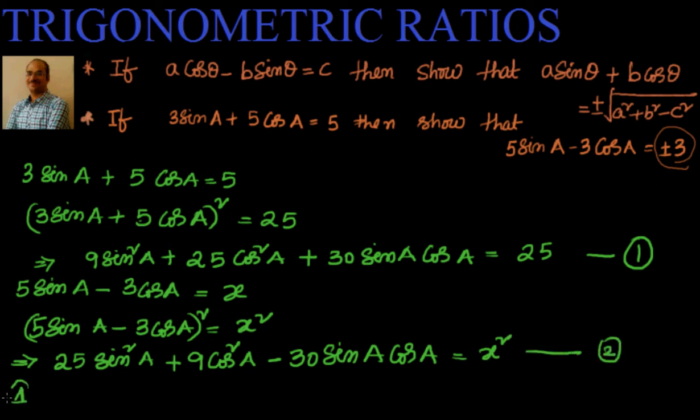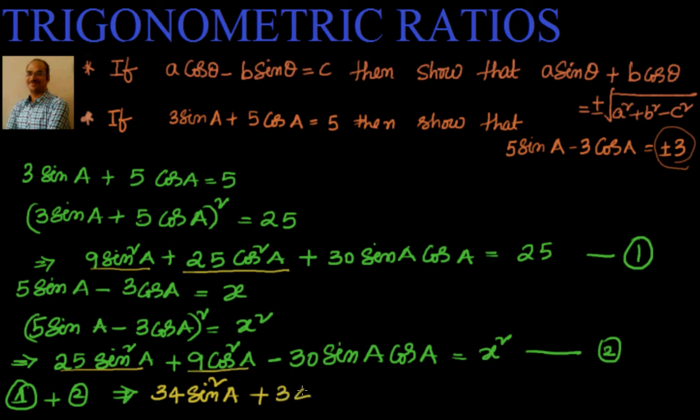See here, suppose you add 1 plus 2 and see what happens. If you add 1 plus 2, 9 sin square A, 25 sin square A. That means if I add both of them, this becomes 34 sin square A plus 25 cos square A, 9 cos square A. That means this becomes again 34 cos square A, plus minus cancel, equal to x square plus 25.